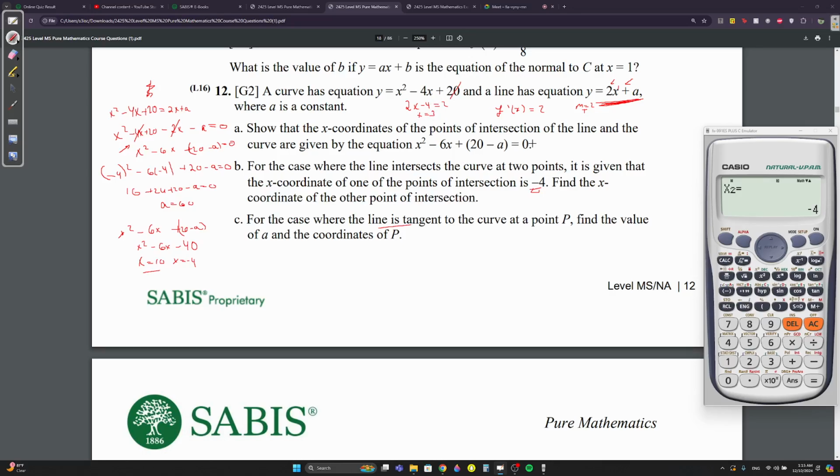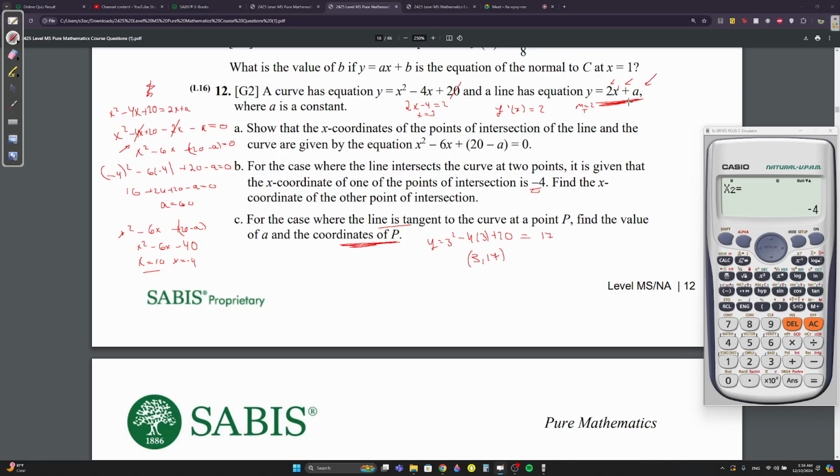Okay? x equals 3. Now we need the coordinates of B. So let's find the y value first, by doing what? Substituting x equals 3. So y equals 3 squared minus 4 times 3 plus 20. This is going to equal 9 minus 12 is minus 3 plus 20, 17. So 3 comma 17.